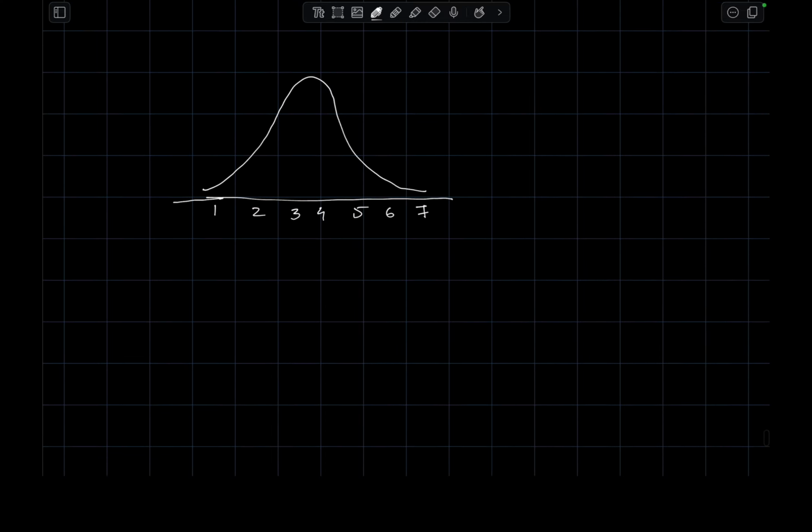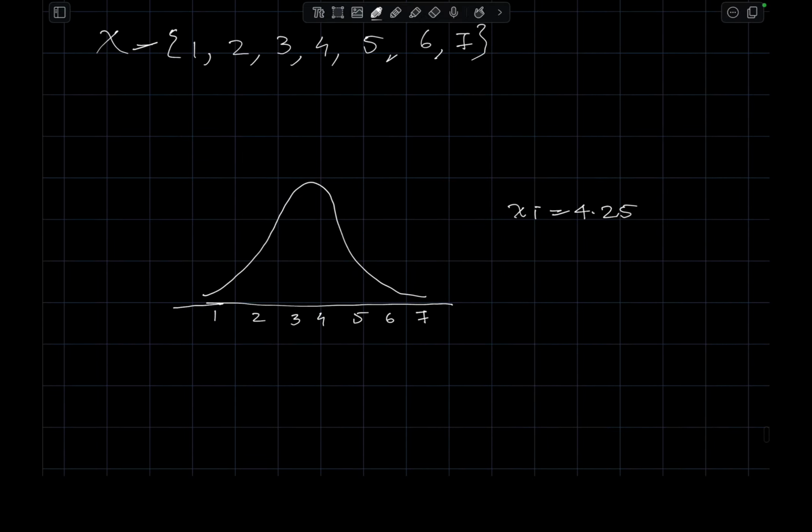And you are asked the question, how many standard deviations 4.25 is away from the mean.